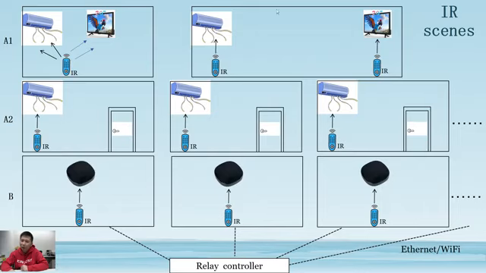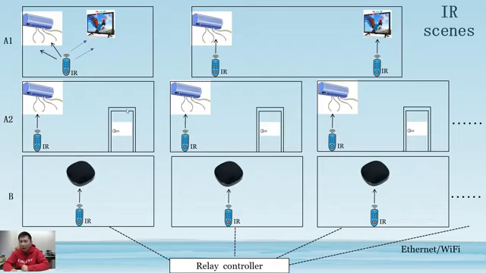So in a big room, if you have an air conditioning at this place and a TV at this place, you need two IR remotes, and you can also use two IR gateways, two IR controllers, because one can't cover the signal for all electronic devices. So this is the second situation, and let's look at A2.